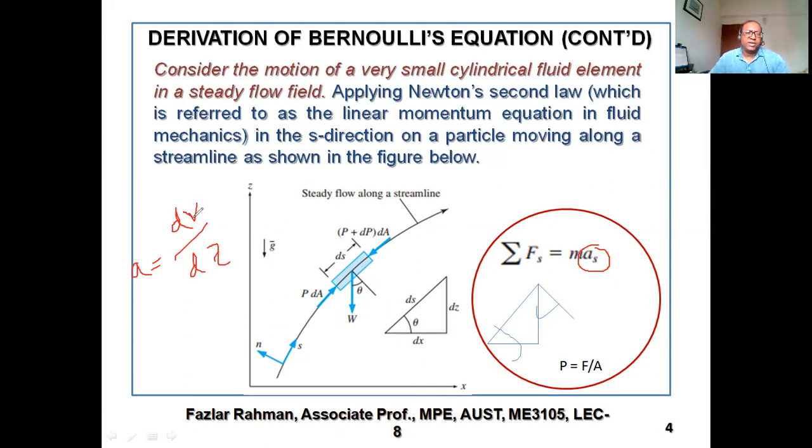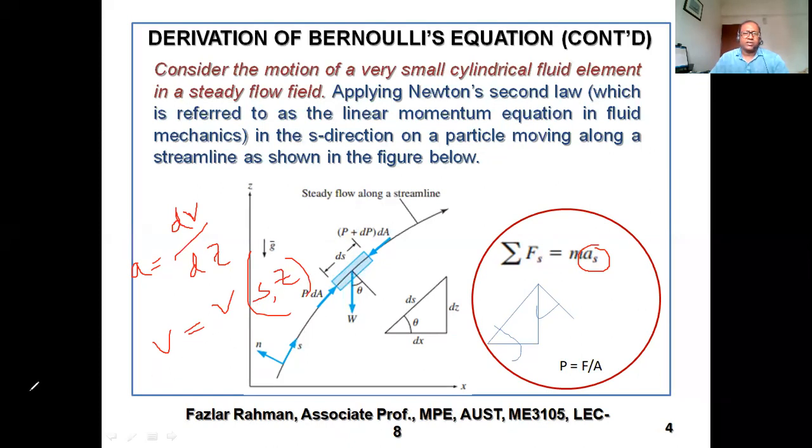Now this v, the velocity of this cylindrical fluid element, is a function of the distance traveled along the streamline. I am saying that is s, and also time. So v is a function of s and t.